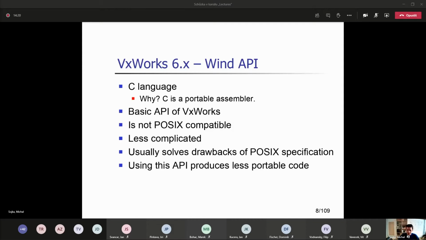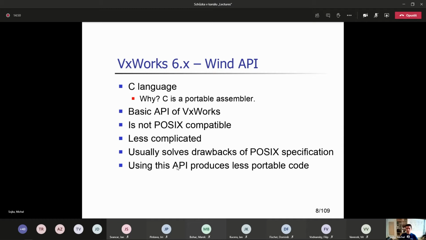So as I was already mentioning, it's not the POSIX API, so it's not POSIX compatible. On the other hand, in some cases it's less complicated. Some things are a bit easier in this API. For example, if you want to invoke some operation with a timeout, so that if the operation does not finish within a certain time, you do something.